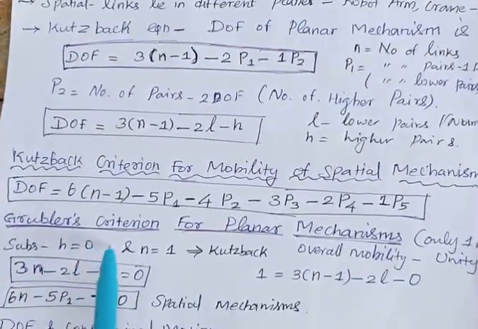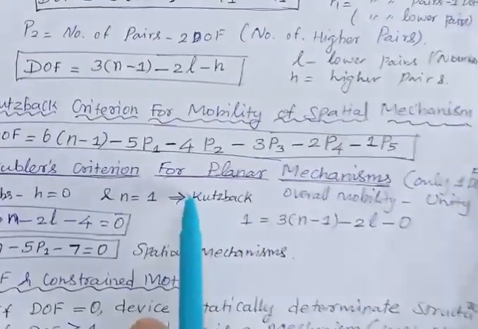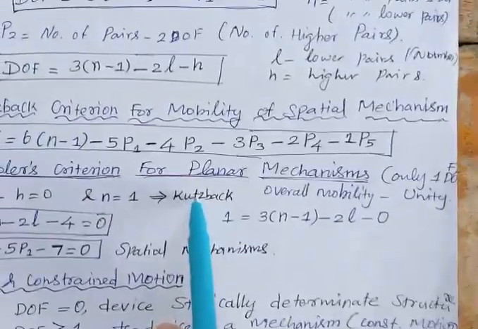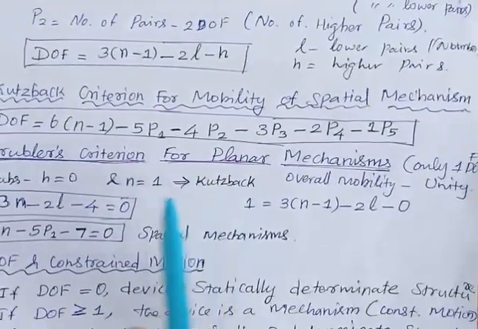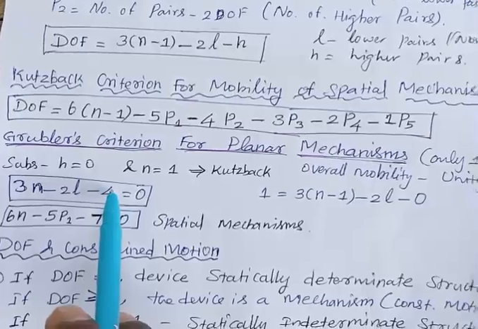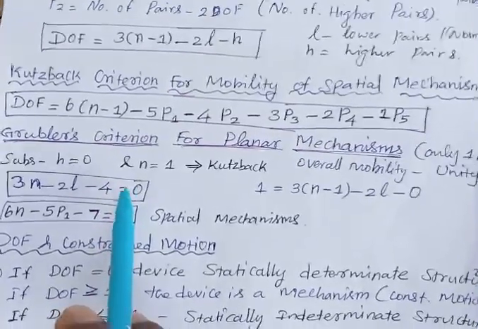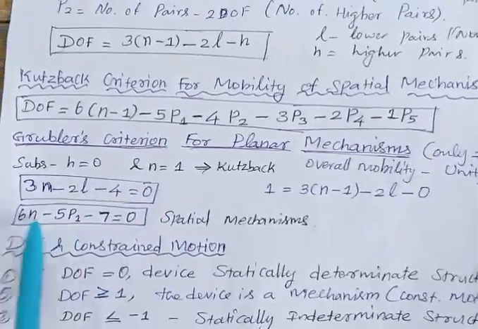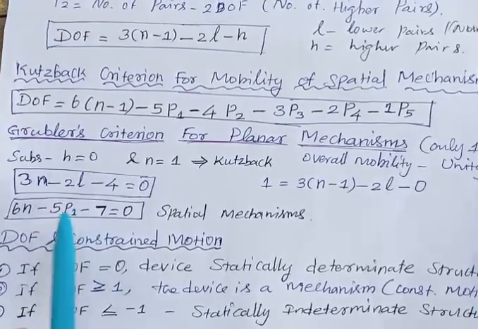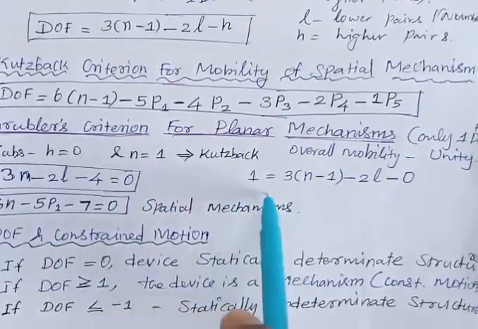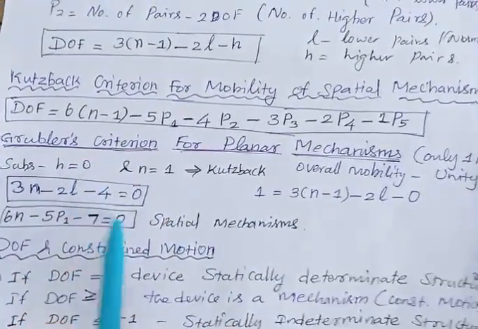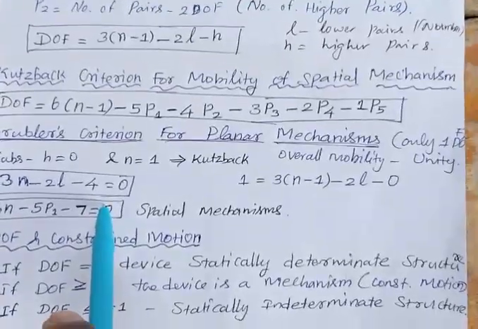Substituting h = 0 and degrees of freedom = 1 in the Kutzbach criterion, we get 3n - 2l - 4 = 0 for a planar mechanism, and 6n - 5p1 - 7 = 0 for a spatial mechanism.